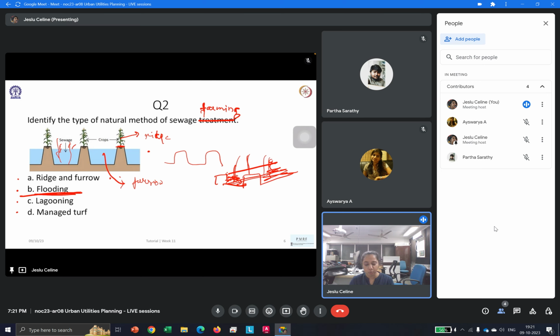And how is lagooning? In lagooning, what do we do? You channel the sludge into a pond kind of setup. Very good. The pond is usually impervious, which means the water does not go underneath. If it's porous, the water will go and start filling the underground water.